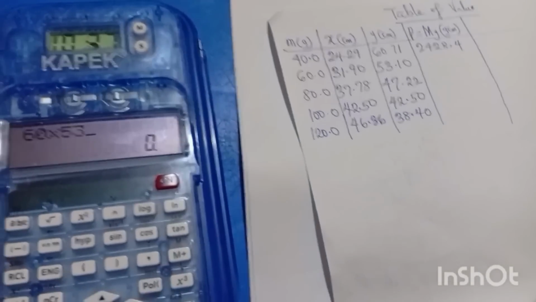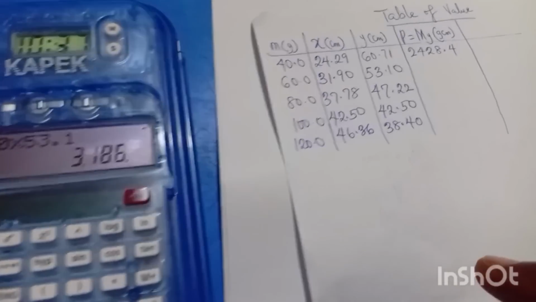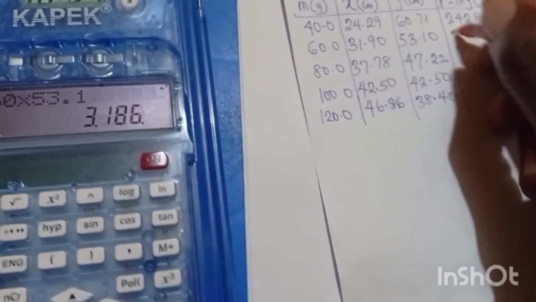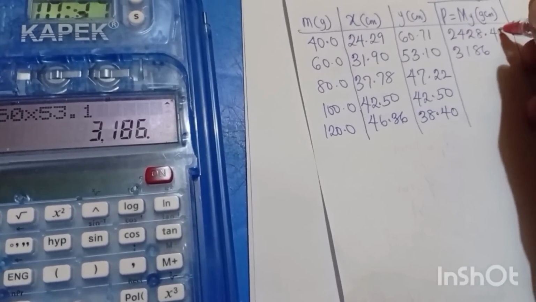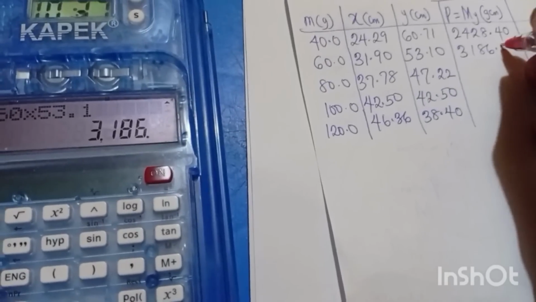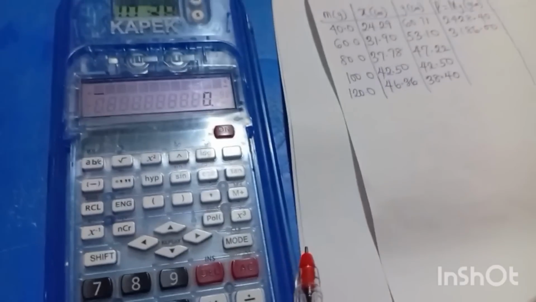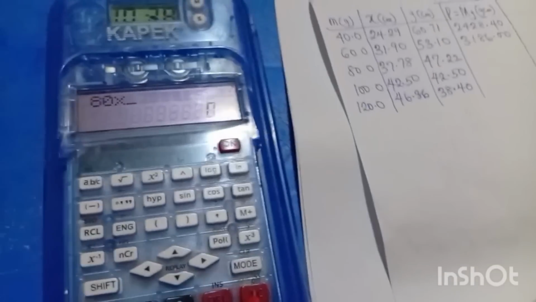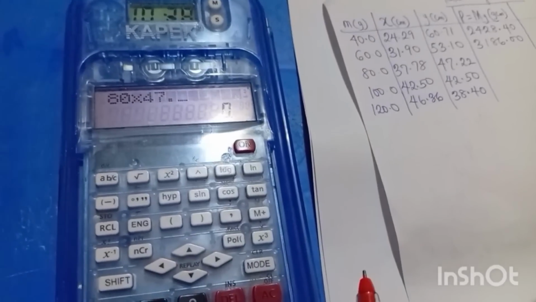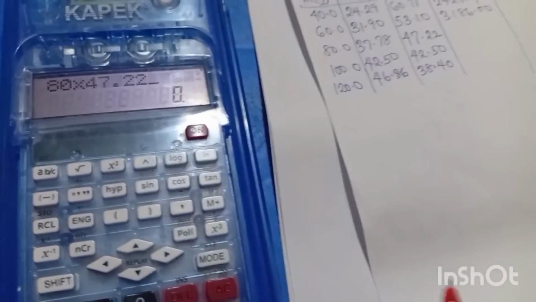Another value, 60 times 53.1, we got 3186. Since we are having decimals, let's make it 2 decimal places so that everything will be perfect. Then 80 times 47.22.